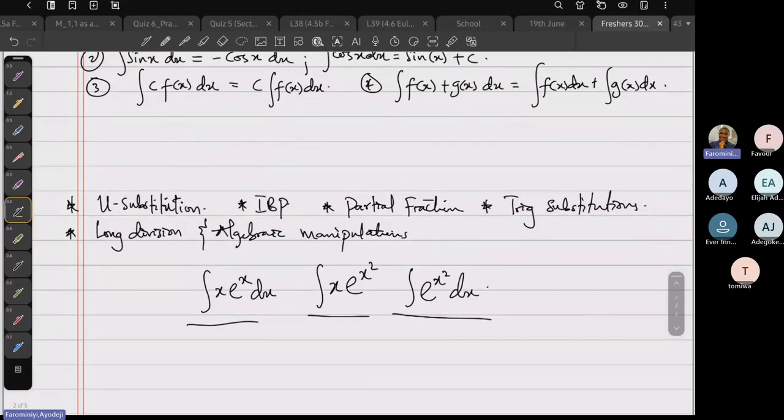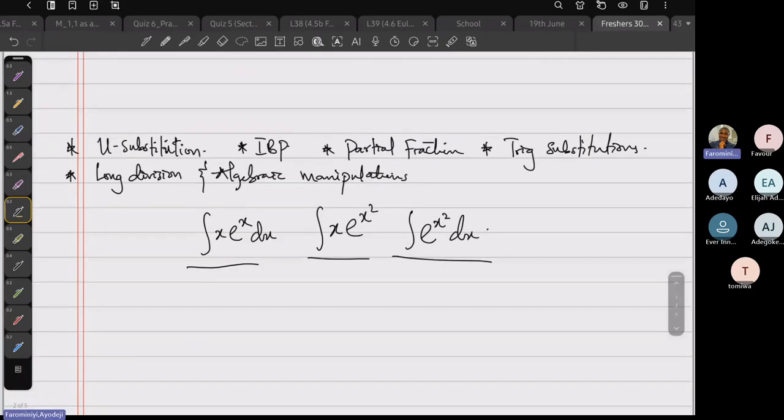So in most cases, when you see a product of two functions in derivatives, you know it's going to be a product rule. But in integration, the first thing that should come to your mind is, can you make a good U substitution?